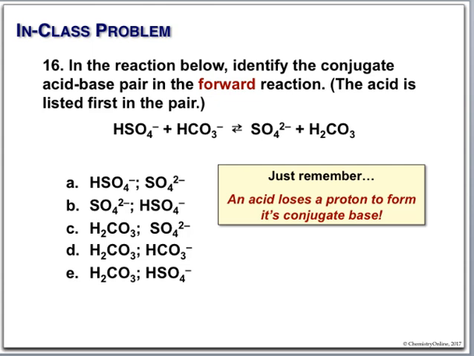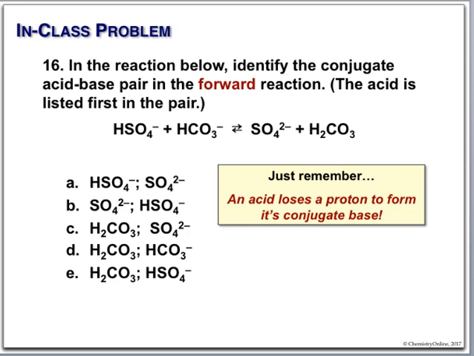And on this side, we have dihydrogen carbonate. It didn't donate a proton, it accepted one. So this is acting as a base. So if we're looking for the conjugate acid-base pair, it must be the same compound, just missing a proton.